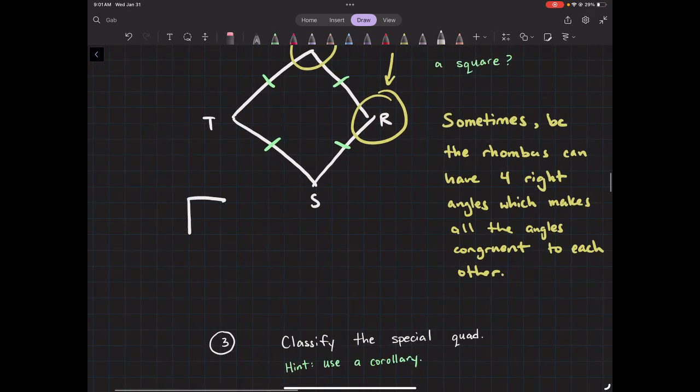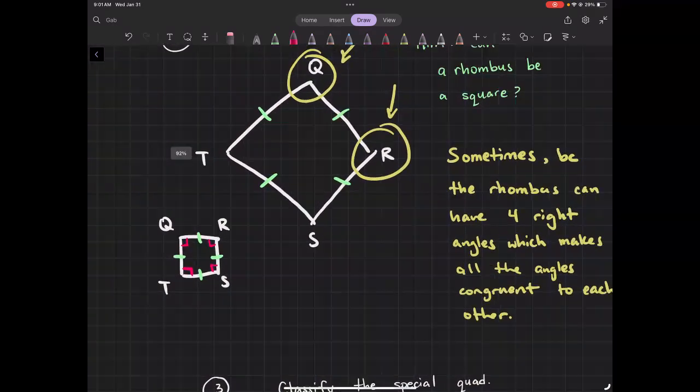Okay, because a rhombus can be a square, so it could look like this, QRST, and the defining part is all the sides are the same. But also if it were a square, then there would be your 4 right angles, which makes Q and R congruent to each other.